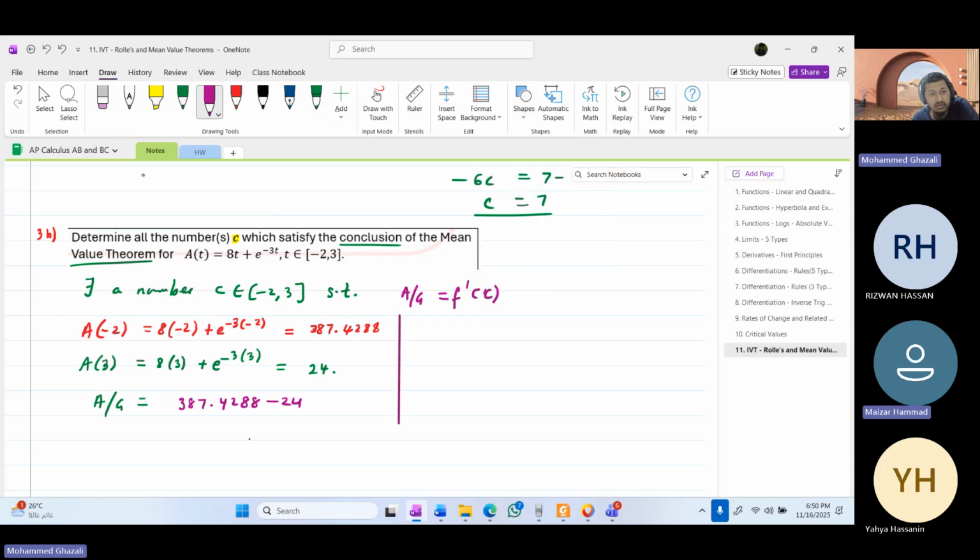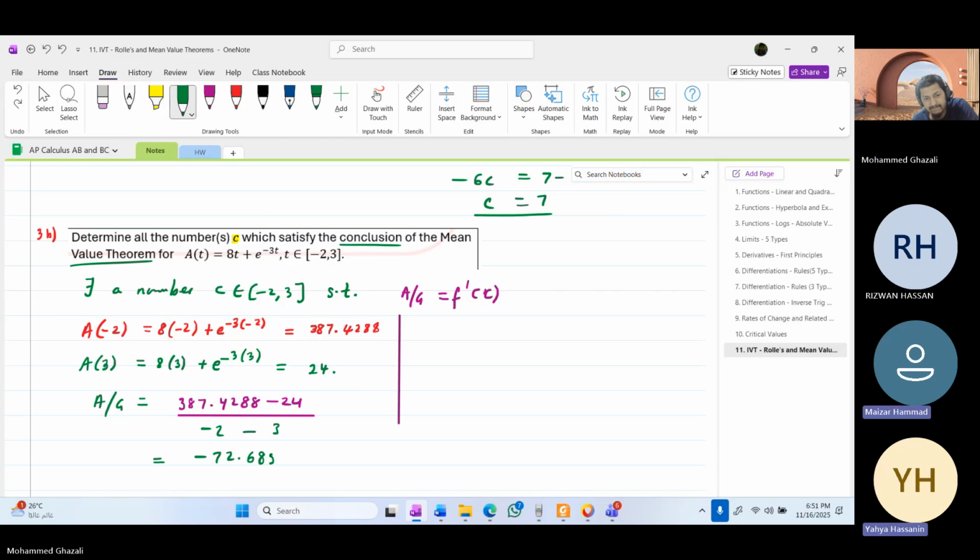You get minus 72.685? How are you getting negative? Because I'm taking 3 minus 2. No, it's wrong. So 387.4288 is minus 24, over 3 minus -2. So what's the answer? Minus 72.68576, so 72.686.